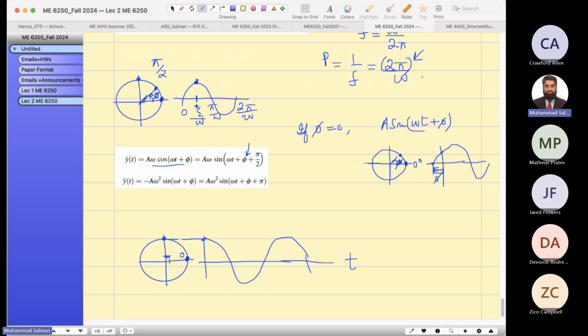So the angle is pi by 2 radians. If you add pi by 2 radians to this sine wave, you will get the cosine wave. They are out of phase by pi by 2 radians. Sine and cosine are out of phase by pi by 2 radians.